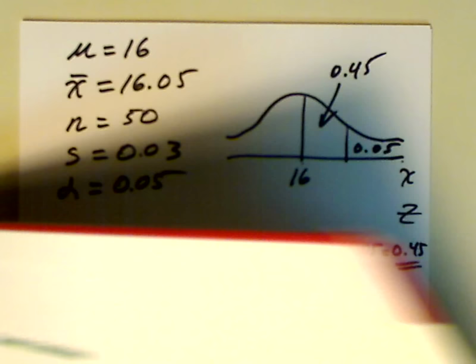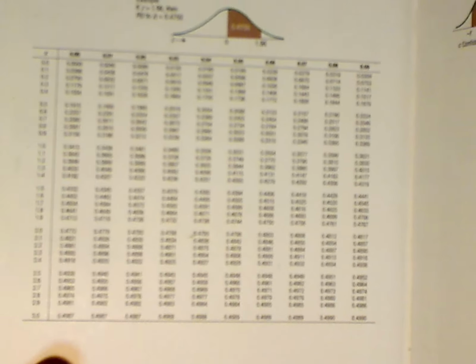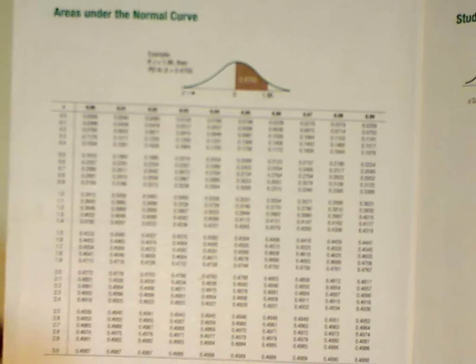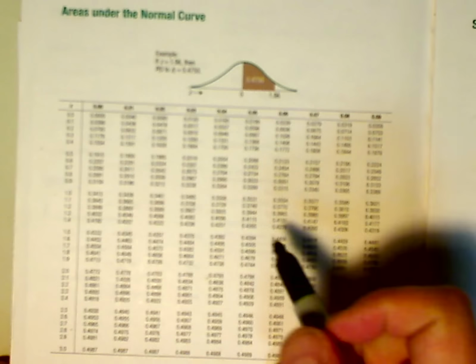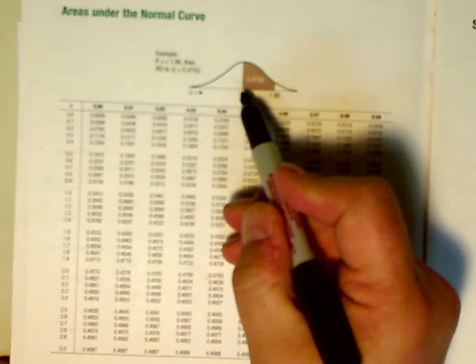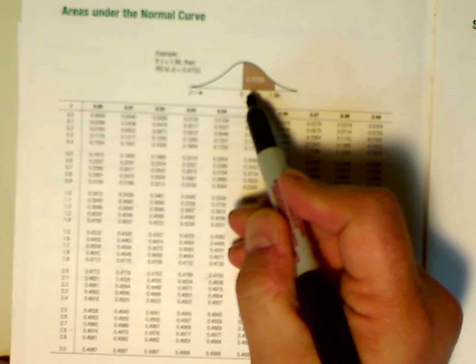So in our textbook, at the back of the book is the z table, and the 0.45 is the area. You see that we're working with the central area here. So we're going to look for 0.45, and 0.45 is right here between 1.64 and 1.65, 0.4495 and 0.4505.